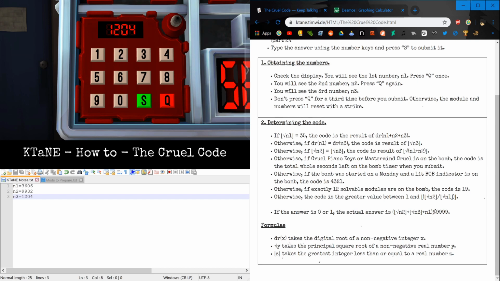There is a module called digital root, and there's a tutorial for that if you want to find out more of what I'm talking about. Then we have square root. Some of you probably know what this is. And here we have this one, which may not be familiar to some of you. This is the floor function, flooring z. Essentially, flooring is rounding down to the nearest integer.